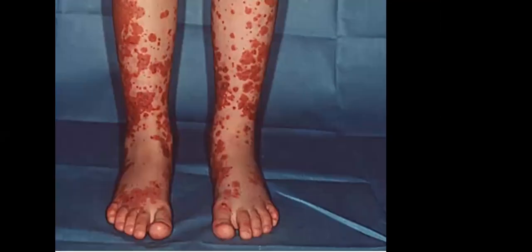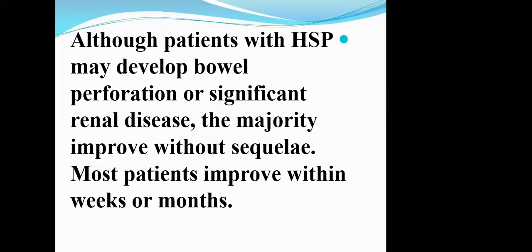هاي البيكتشر هو يعني هم مطلعين الانتيريور اسبكت هو اكثر شيء حقيقه بالبوستيريور and يعني spread upward to the buttocks. Sometimes يعني the patients with Henoch-Schönlein purpura may develop perforations, bowel perforation or significant renal disease.